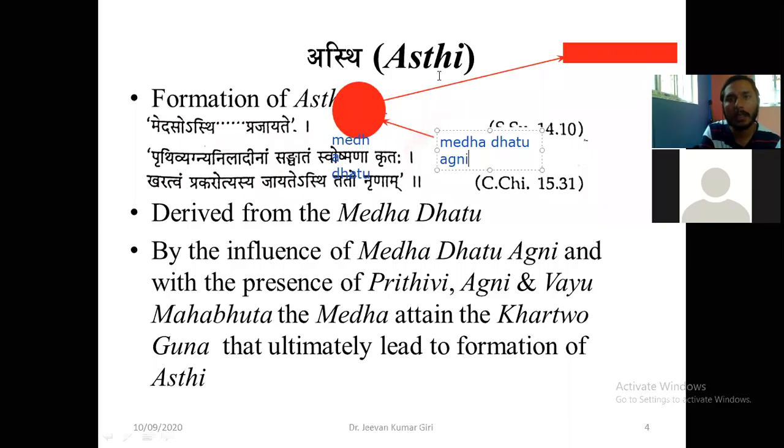Then what will happen? Now the Mahabhuta, that is the Prithvi, Agni and Vayu Mahabhuta, now come into action with the Meda Dhatu which is in Khara Guna. So the Prithvi, Agni and Vayu combine with the Meda Dhatu which has attained the Khara Guna by the influence of its own Dhatu Agni.